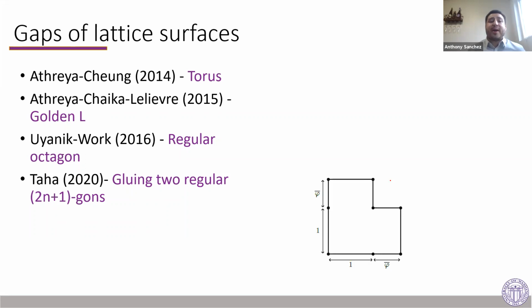In the context of gaps of lattice surfaces, the first explicit gap distribution computation was done for the torus by Athreya-Chaika. What this means is we're taking the torus and looking at saddle connection paths on the torus, and then looking at the slopes of those paths. It's not so hard to see that these are just recovering the Farey fractions. So understanding the gaps of saddle connections of the torus is one and the same thing as understanding the gaps of Farey fractions.